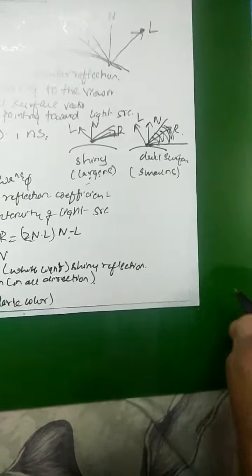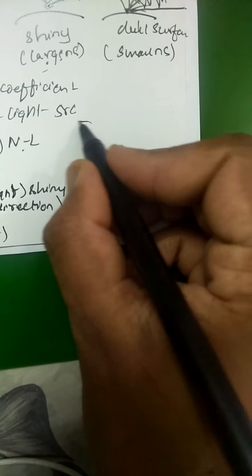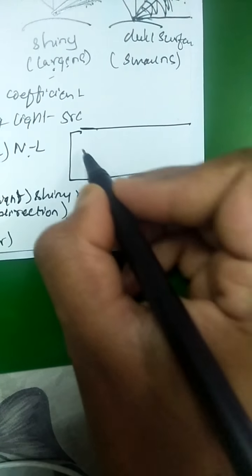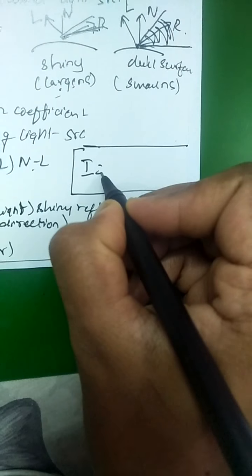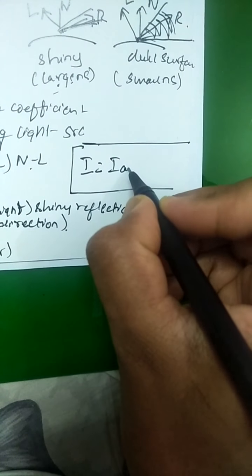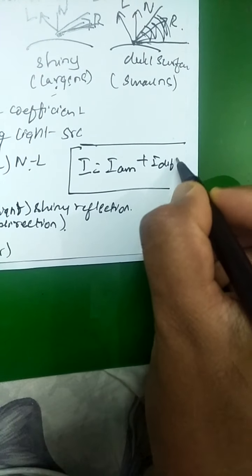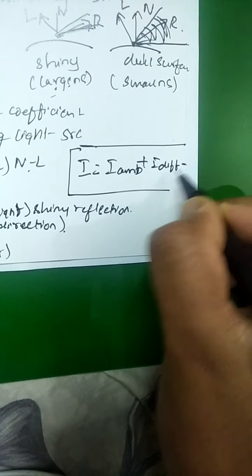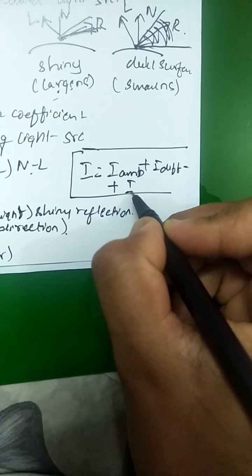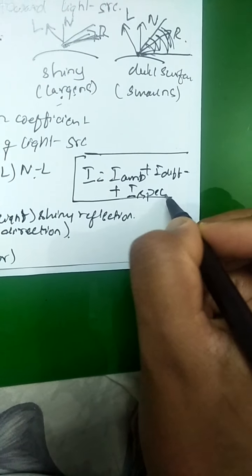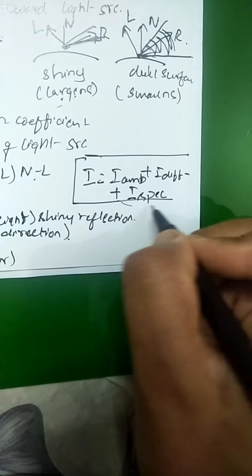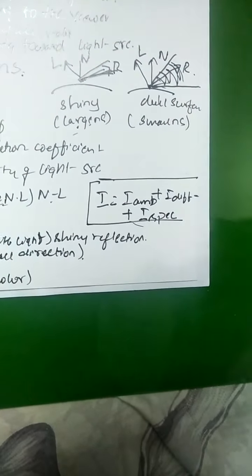So I can say that for the overall illumination model I need an ambient, diffuse as well as specular reflection model. All these three models together we call the Phong model.